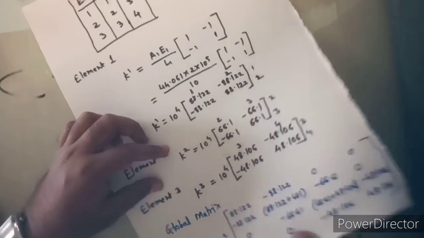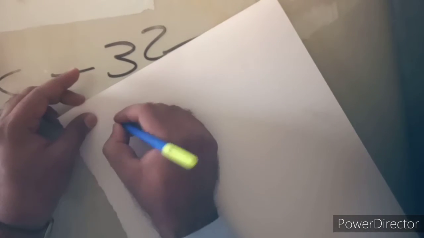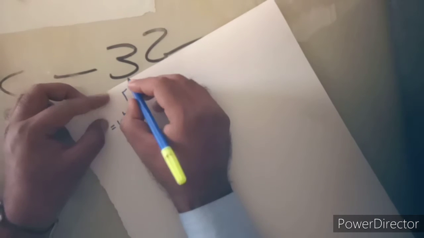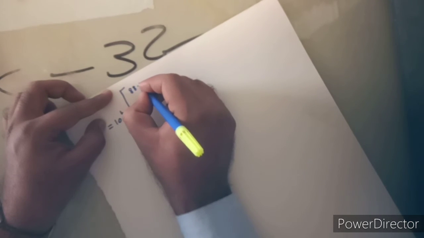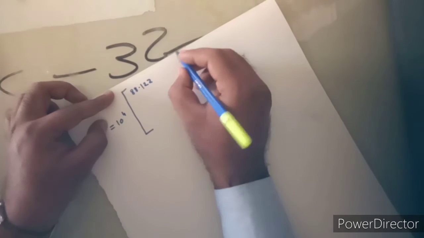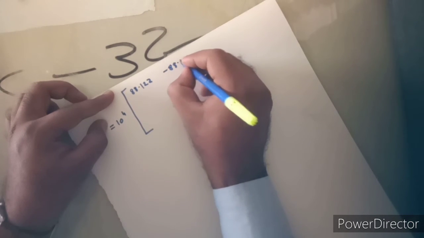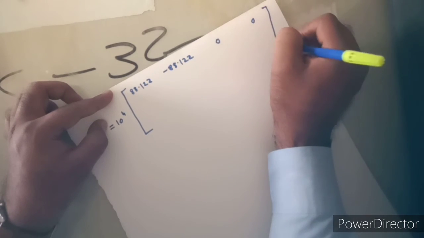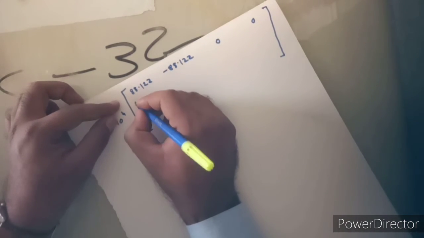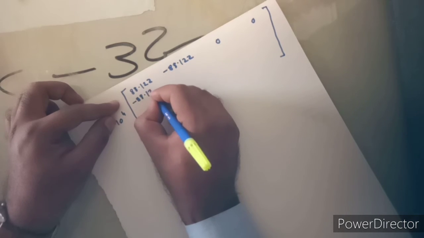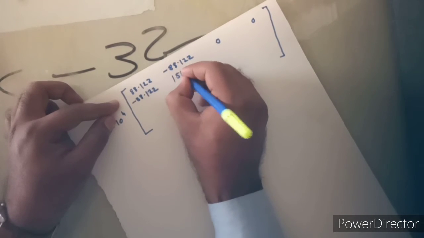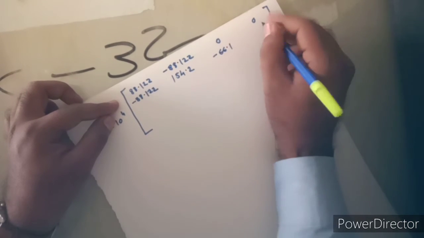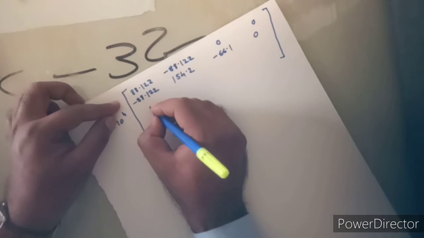If you solve this matrix, then you will get 10 raised to 4 into the bracket 88.122, minus 88.122, 0, 0. Next, minus 88.122, 154.2, minus 66.1, 0.